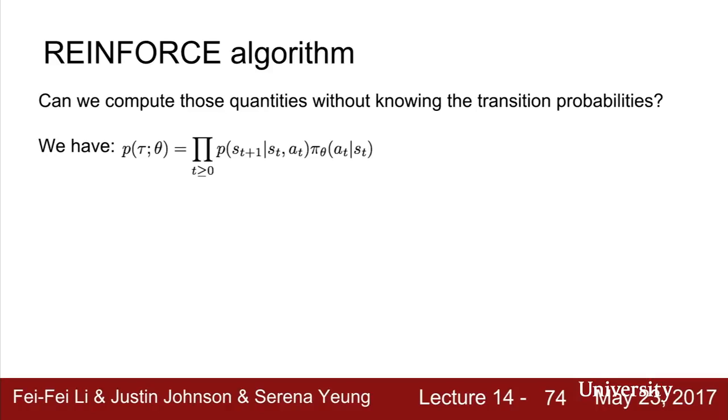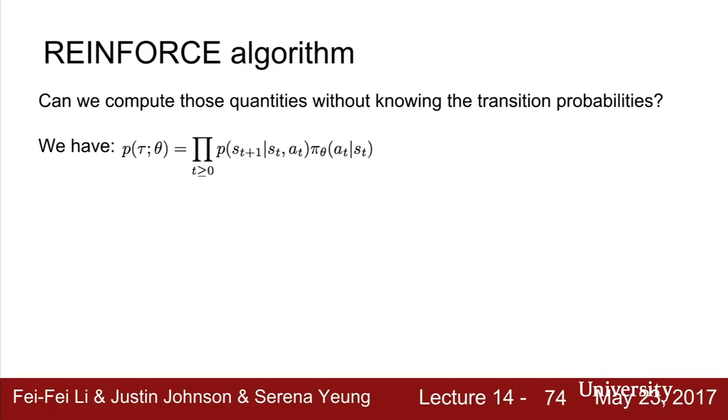Looking at this expression that we want to compute, can we compute these quantities without knowing the transition probabilities? The probability of a trajectory, p of tau, is the product of all of our transition probabilities of the next state given our current state and action, as well as the probability of the actions we've taken under our policy pi.